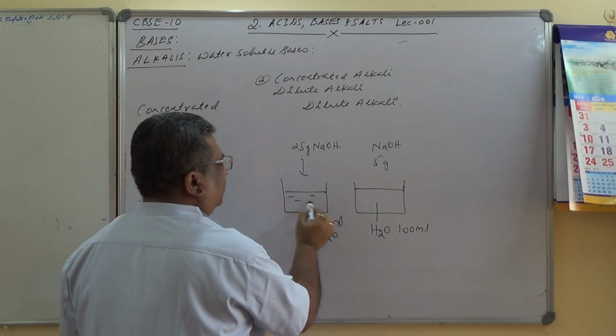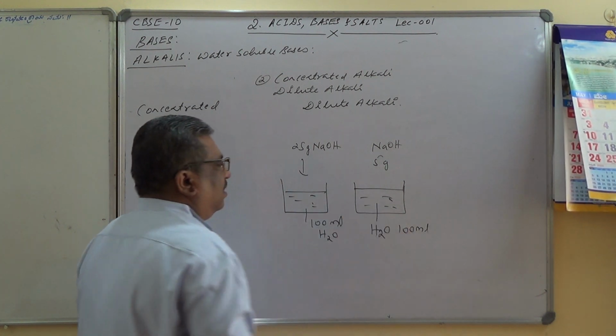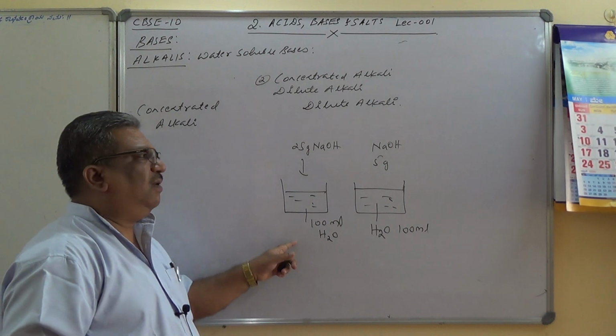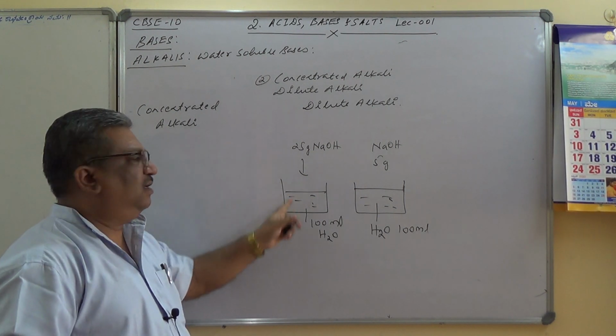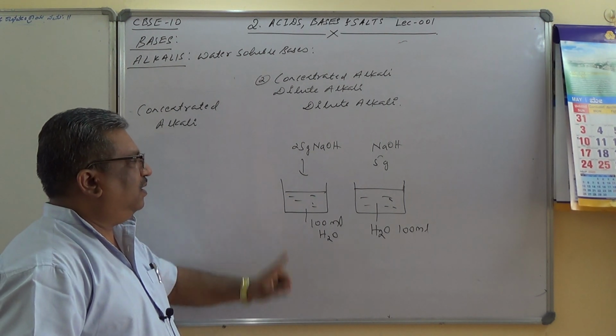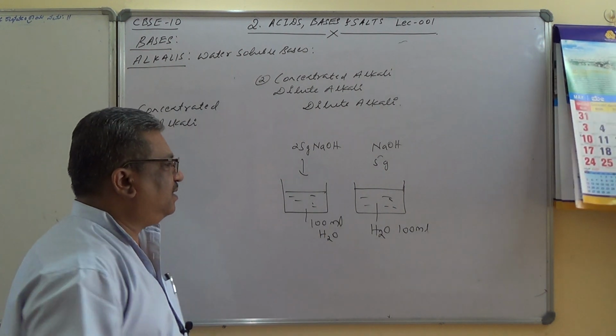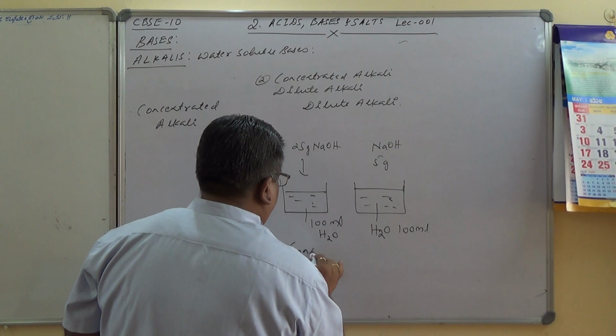The resultant solution which contains a relatively higher quantity of alkali is called the concentrated solution. So this is a concentrated solution, whereas this is a dilute solution.